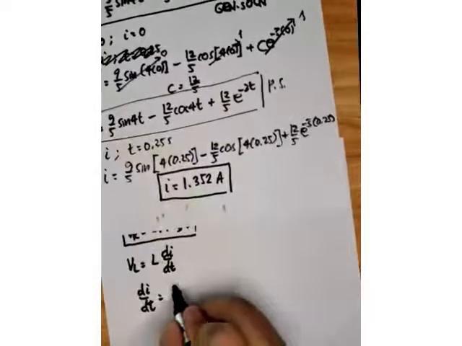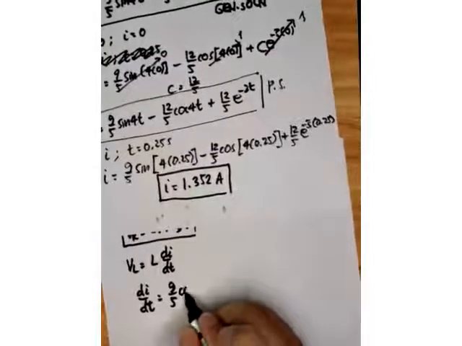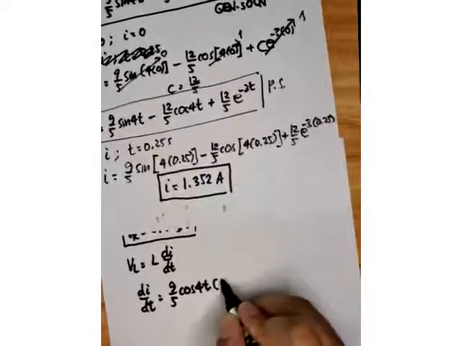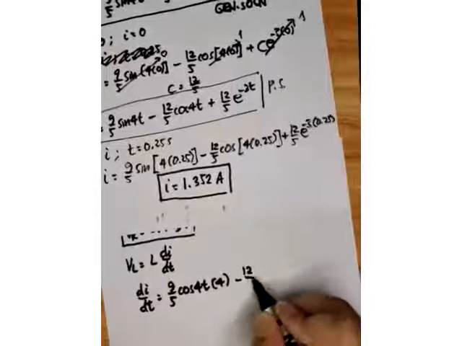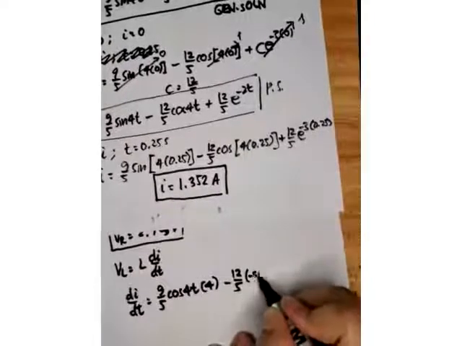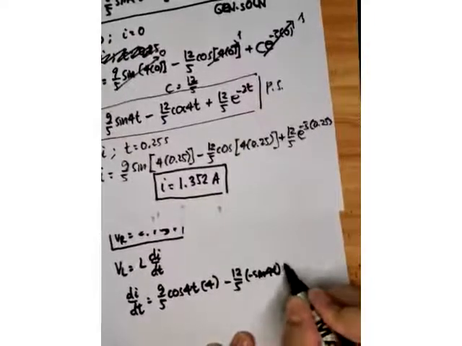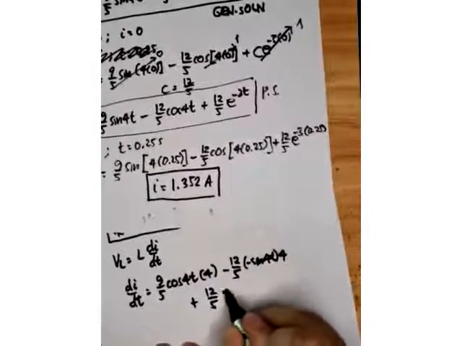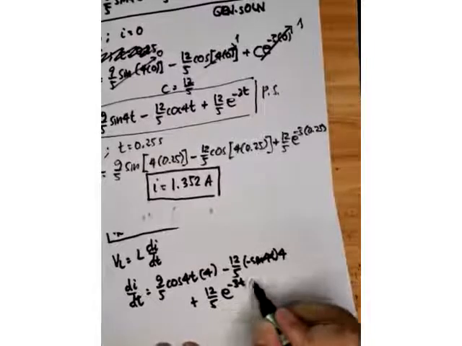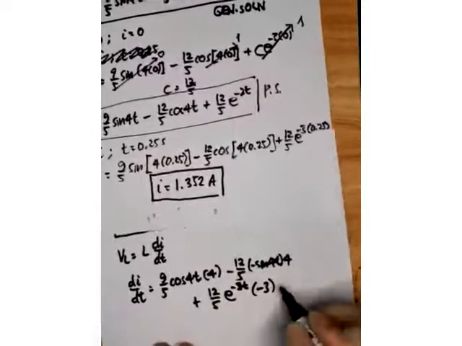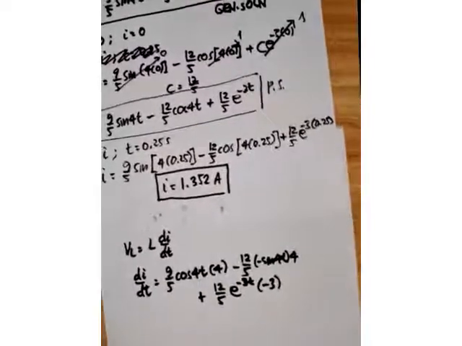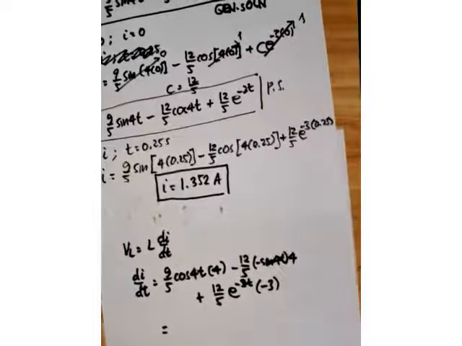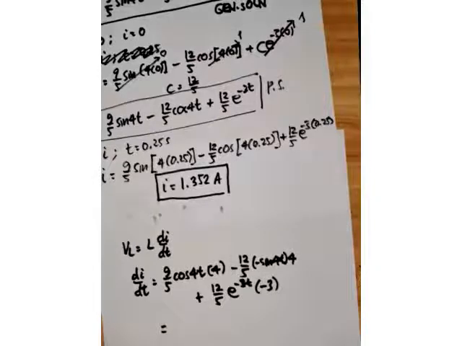So magiging 9 over 5 cosine of 4t times 4, minus 12 over 5 negative sine of 4t times 4, plus 12 over 5 e raised to negative 3t times negative 3. Ayan. And then you just multiply. You apply 0.25.